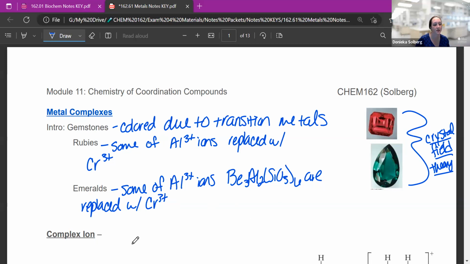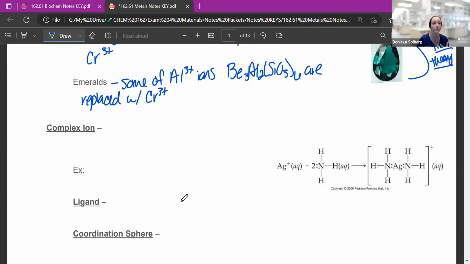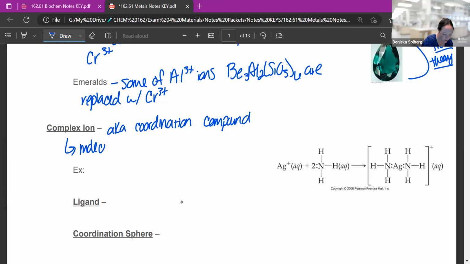Now we're going to start talking about complex ions. Things like this beryllium compound are considered complex ions because they've got multiple things attached to them. Another word for complex ion is coordination compound. Those are molecules or atoms bonded to a metal. You can have whole molecules bonded to it.